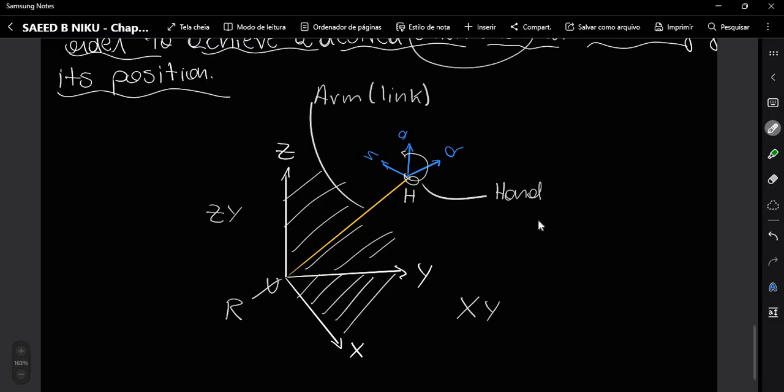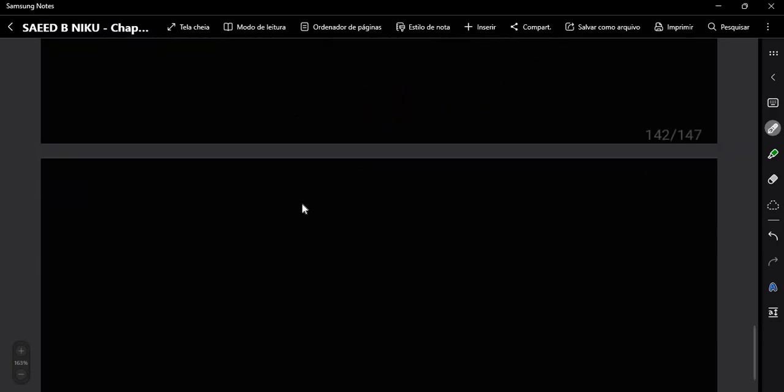And right here we can have a hand, which is a tool, which can be a hand, and is for grab, pick and place, etc.